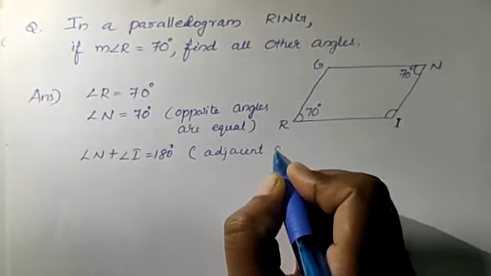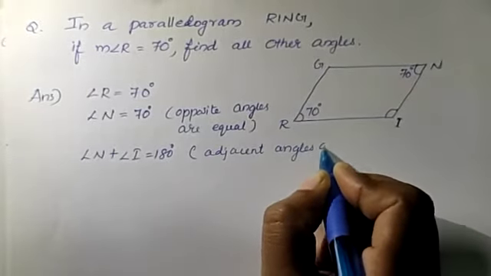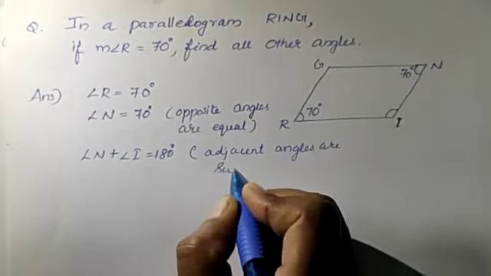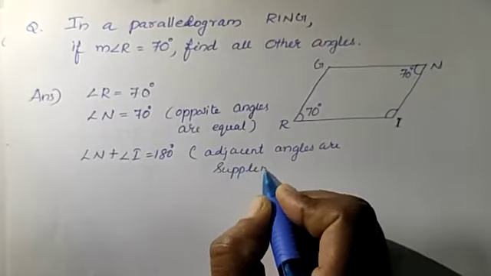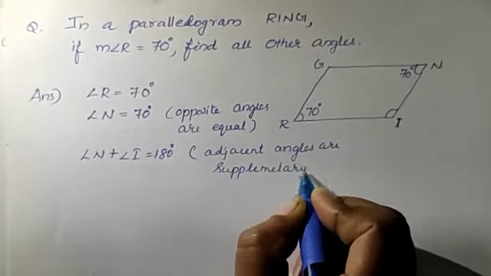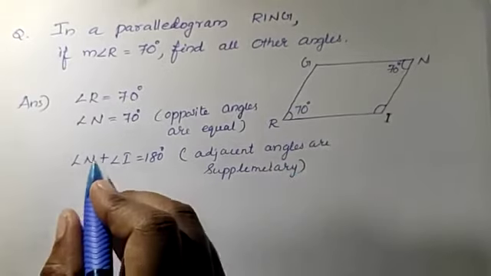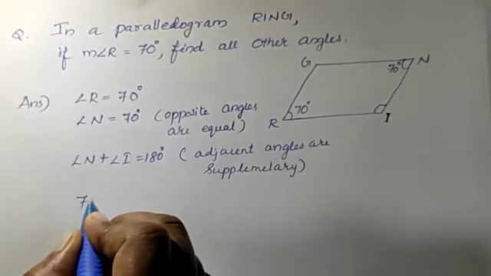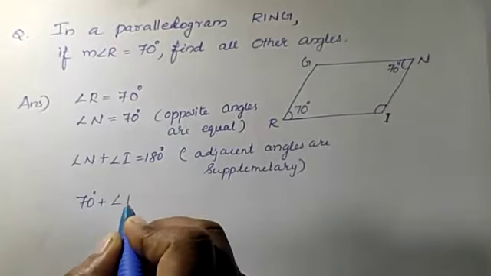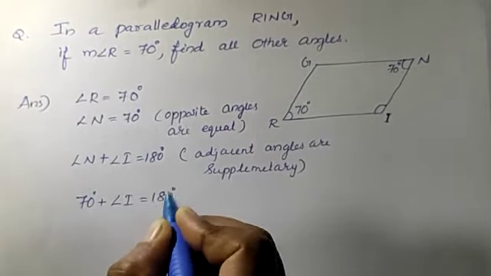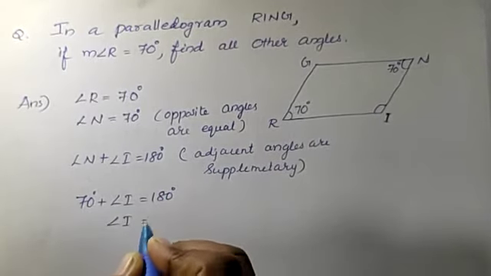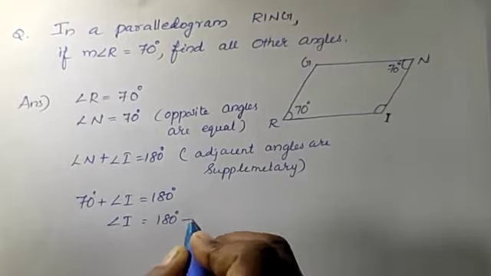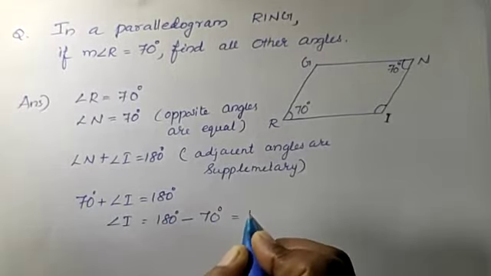Adjacent angles are supplementary. Angle N is given, it is 70 degrees, plus angle I is equal to 180 degrees. From this, angle I is equal to 180 degrees minus 70 degrees, it is 110 degrees.